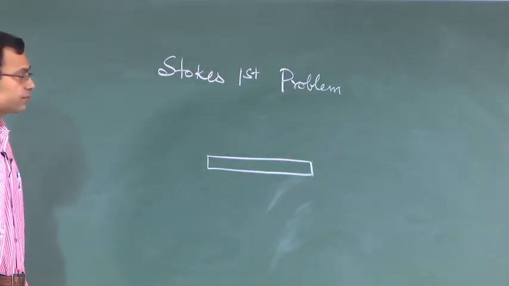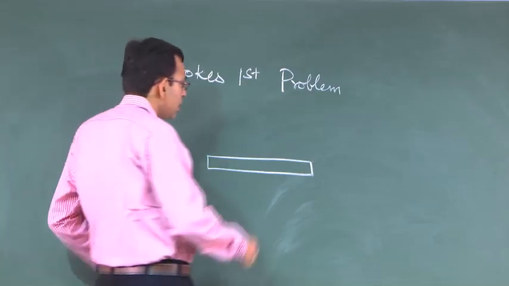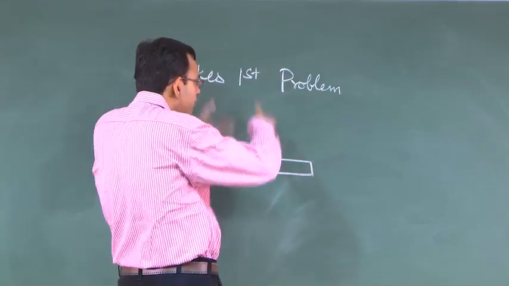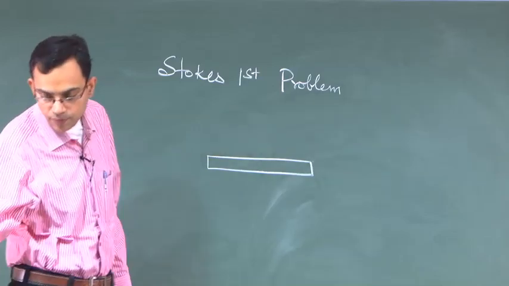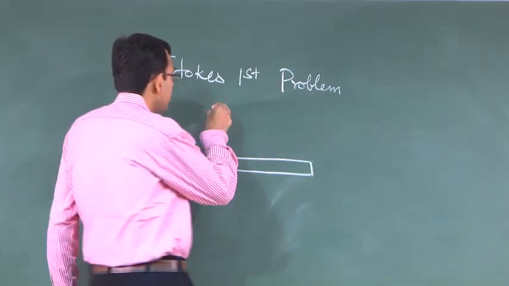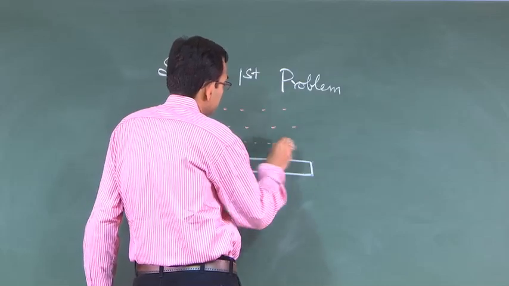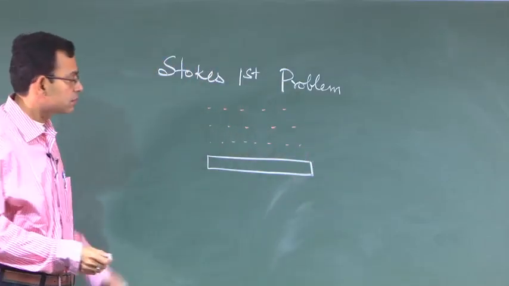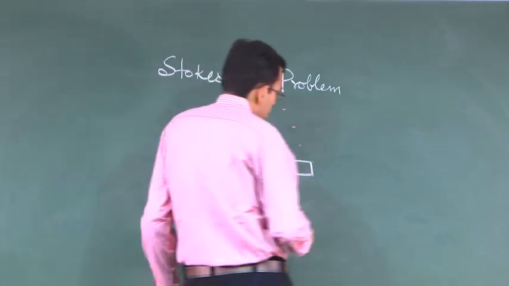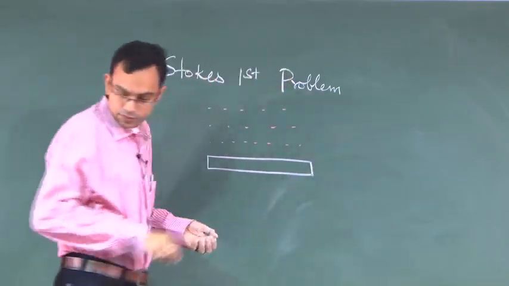You have a solid boundary which is a plate, and there is an infinite fluid on one side of the solid boundary. So, let us say there is some fluid here. This fluid is initially stationary.